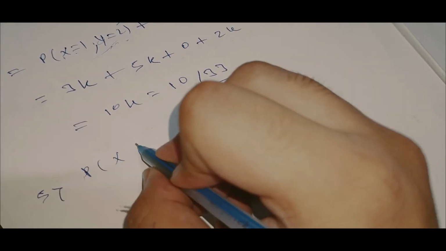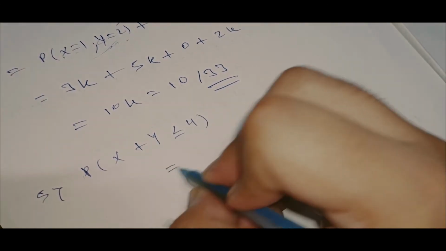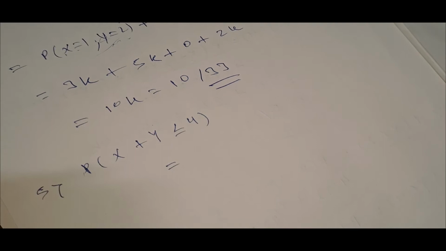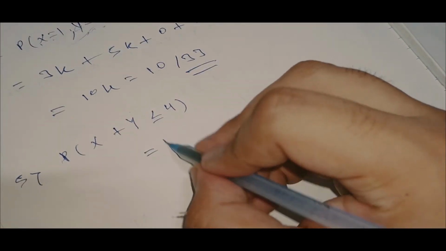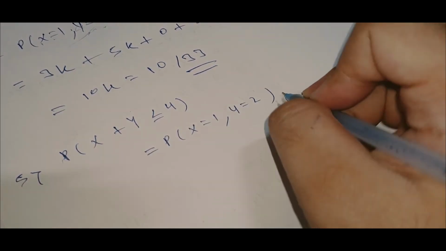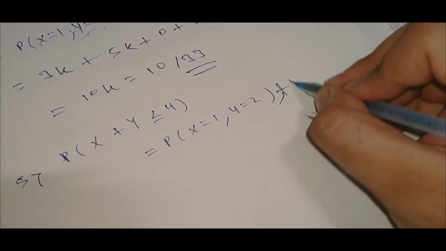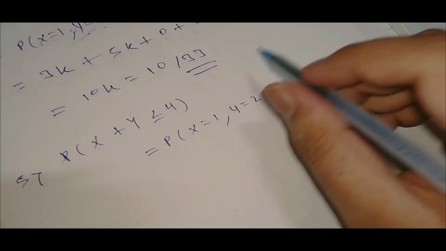Now the last part for this question: P of x plus y less than or equal to 4. So how would we guess that? What are the possible values of x and y which would result in the value being 4 or less than 4? It can be either P of x equals 1 and y equals 2, 2 plus 1 is 3, or P of x equals 2, y equals 2, 4.